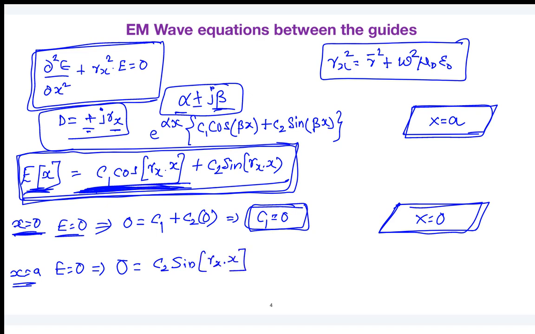Sorry, it's not x, it is a. After substituting x equal to a, it is γx into a. So from this equation you get sin γx a is equal to 0. Can you tell me accordingly what is the value of γx into a?